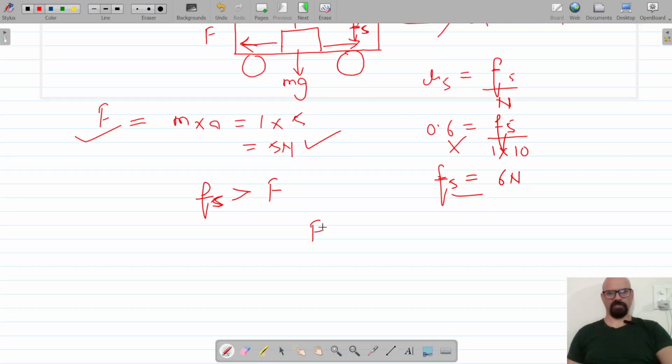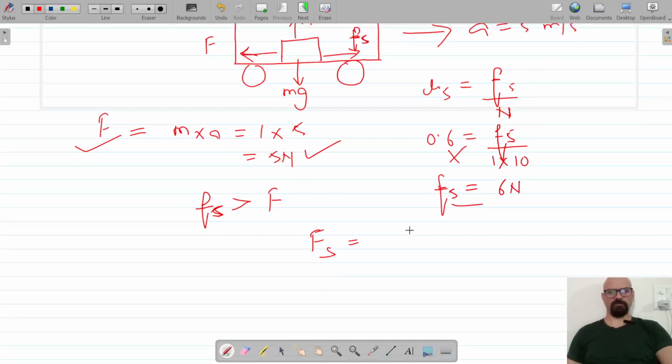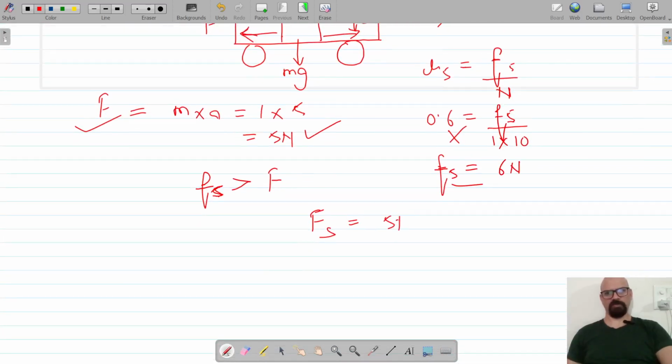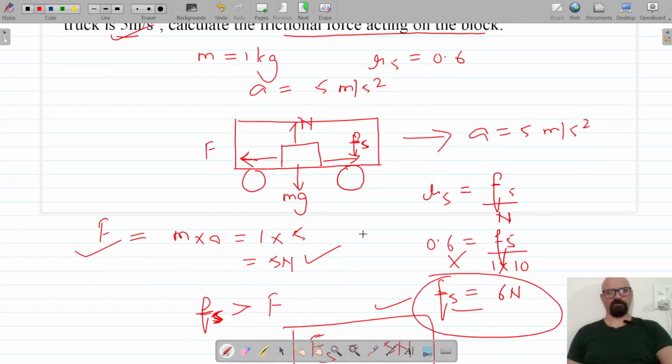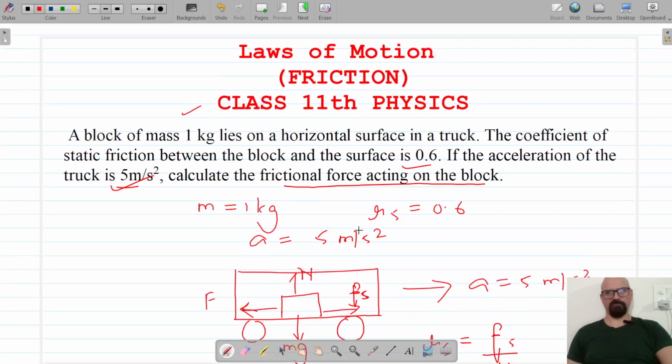So the friction force acting on the block is 5 Newton, because it is less than the maximum value of friction, that is the static friction. So our force of friction acting on the block is 5 Newton. With this, we are done with this numerical.